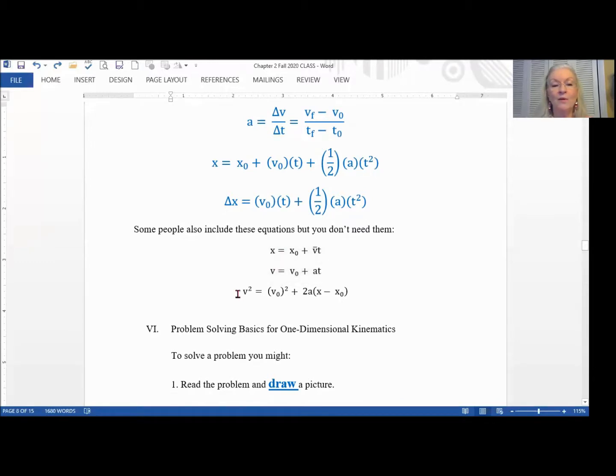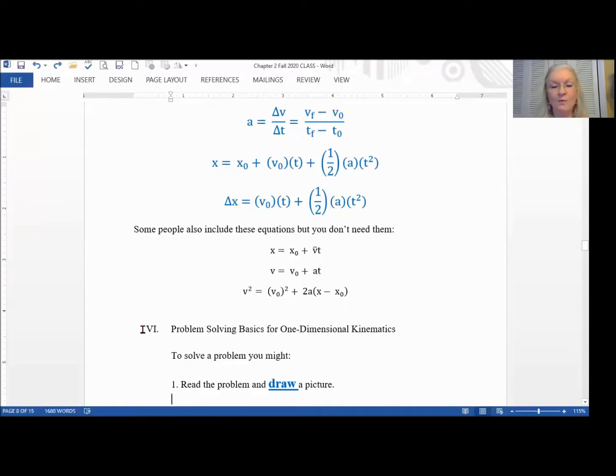And some people like this last equation, and it's just a combination of the first and the second equations. So you don't need to memorize these three. You can do everything we want with the ones I've given you above, the acceleration, the delta x, and the one where you have v final plus v0 over 2. So those three equations are very, very helpful.